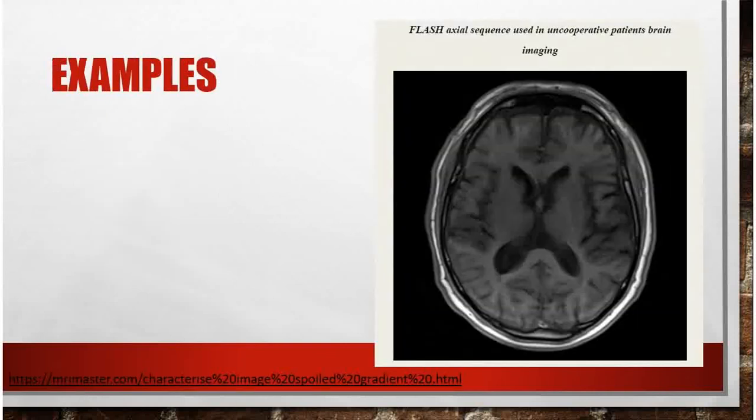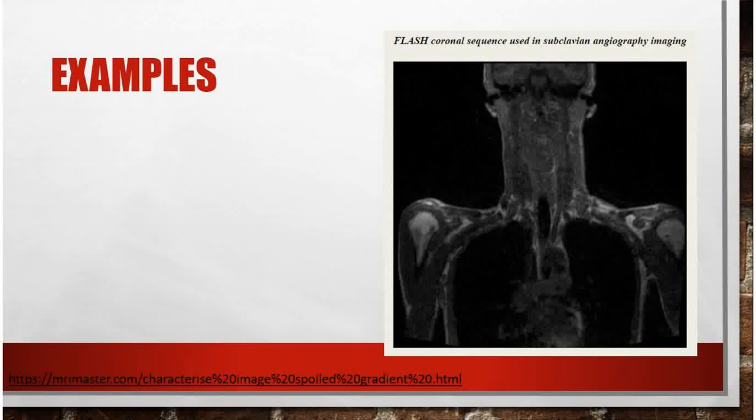And there are some more examples with flash. So for example, it's also good for some uncooperative patients who have claustrophobia or get easily bored inside the MRI machine. Flash is a good idea.